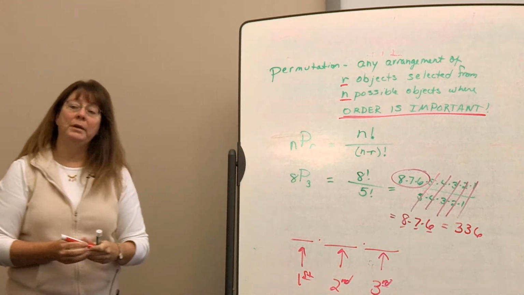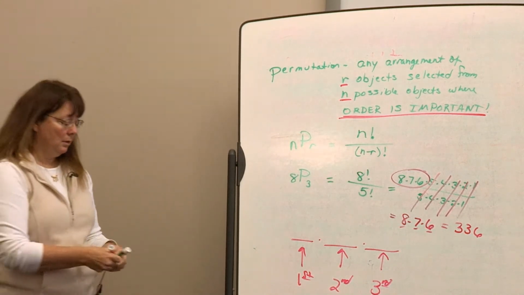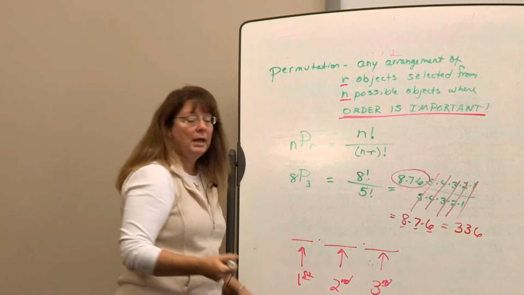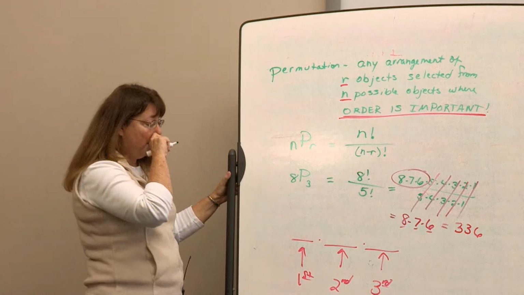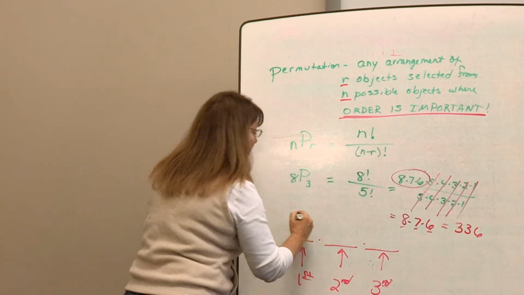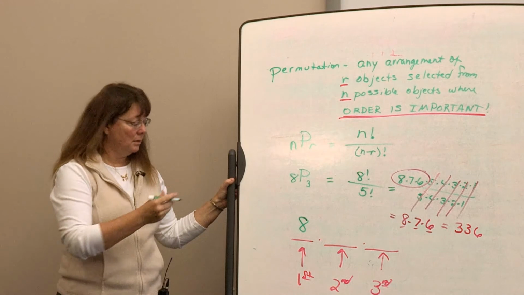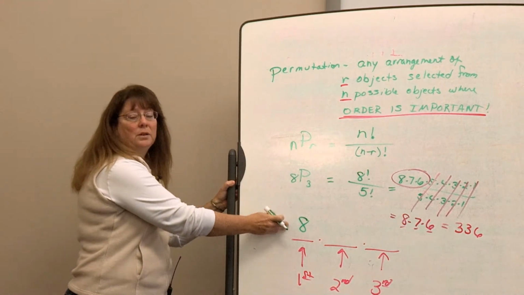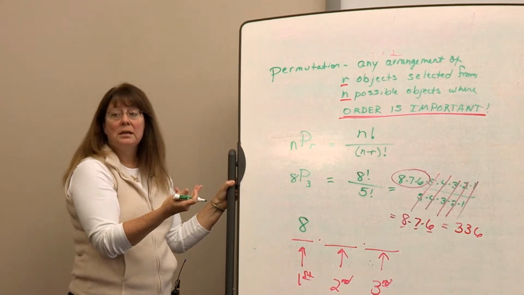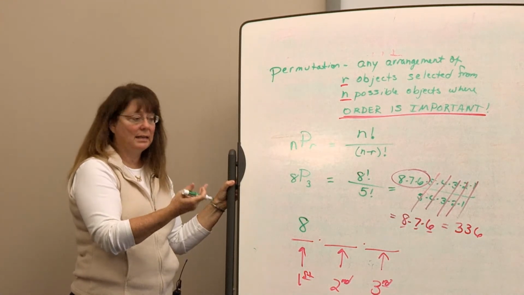And I want to look at how many options I have for each one. So when you're talking about your runners, we had 8 runners, 8 kids all together. There's 8 kids that might show up and come in first place. So I have the possibility that any of those 8 kids might be in first. But after you've picked first place, one of the kids is gone, so you only have 7 kids remaining to take second place.